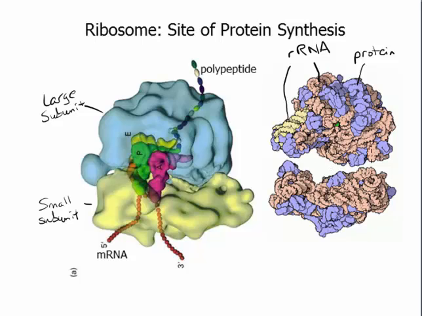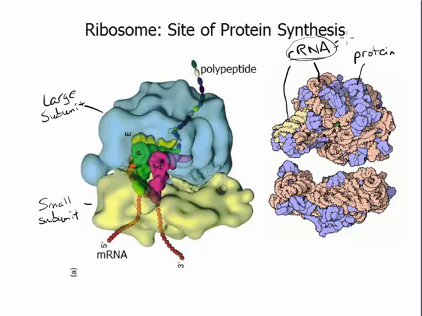So in the ribosome, it's really the ribosomal RNA that's functionally significant in the process of peptide bond formation and protein synthesis. And in fact, as these amino acids are linked together to build the polypeptide, it's ribosomal RNA in the large subunit that is responsible for that catalytic activity, that catalysis that leads to peptide bond formation.